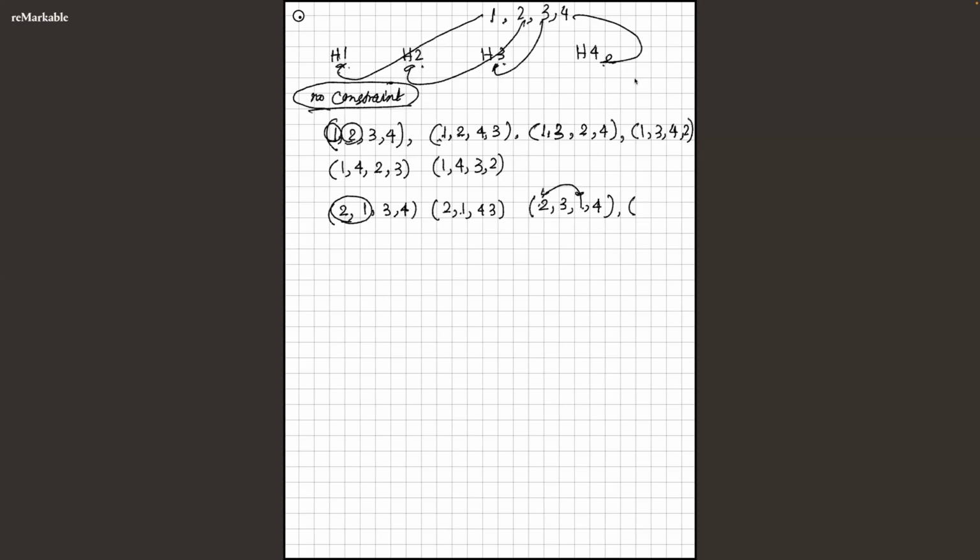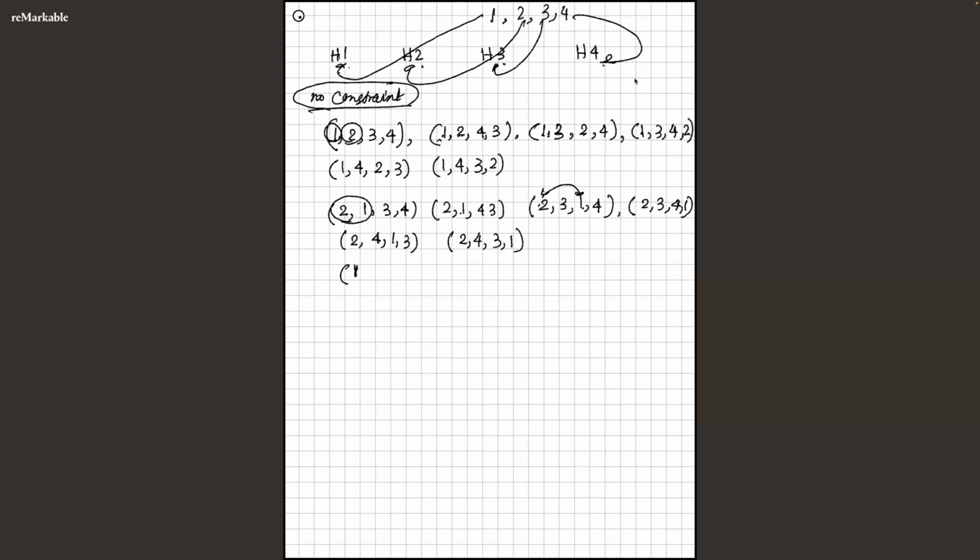And then I also write 2, 3, 4, 1, because 1 and 2 I'm swapping. 2, 4, 1, 3, 2, 4, 3, 1. And then 1, 2 is done. Now I go for swapping 1, 3. If I swap, I start with this only.